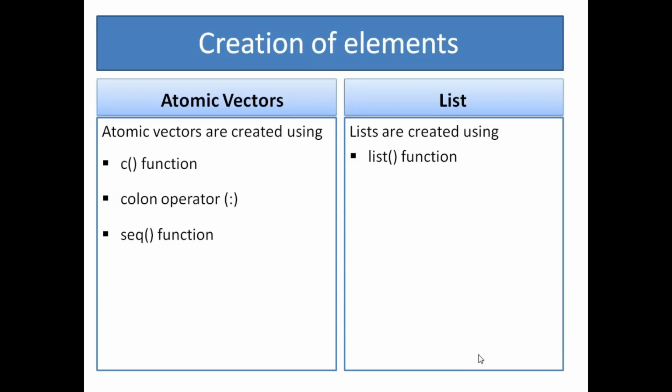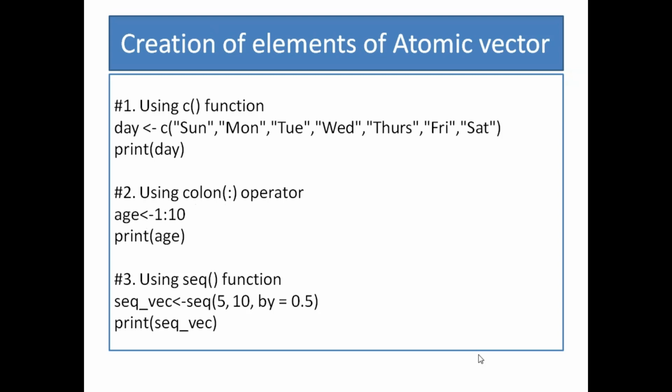Now in case of list, we can create a list using the list function. So this is the example that we can create the elements of an atomic vector using the c function like this. Here we have taken the 7 days in a week and assigned the values in a vector named day, and we are printing it.